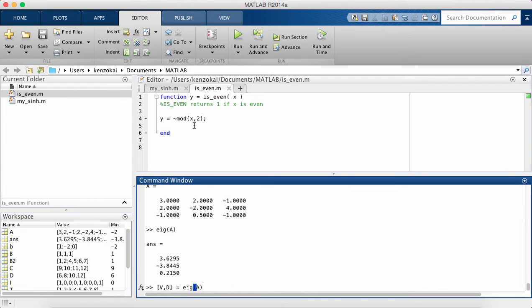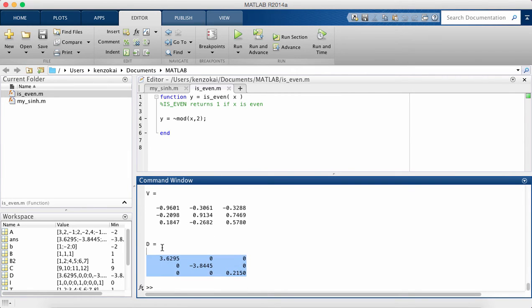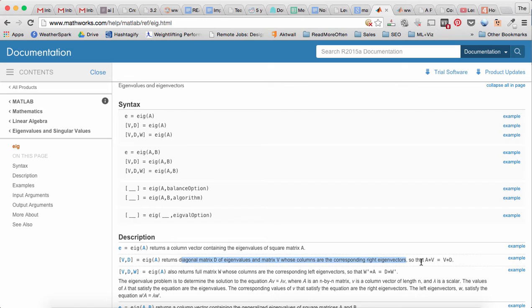[V, D] = eig(A). We get a diagonal matrix D, which has the same eigenvalues as before, and the eigenvectors are all in V. Let's confirm that the definition of eigenvalues and eigenvectors holds. So A times V should equal V times D.